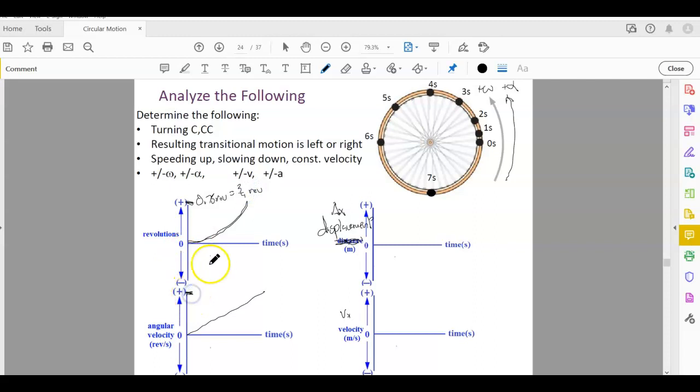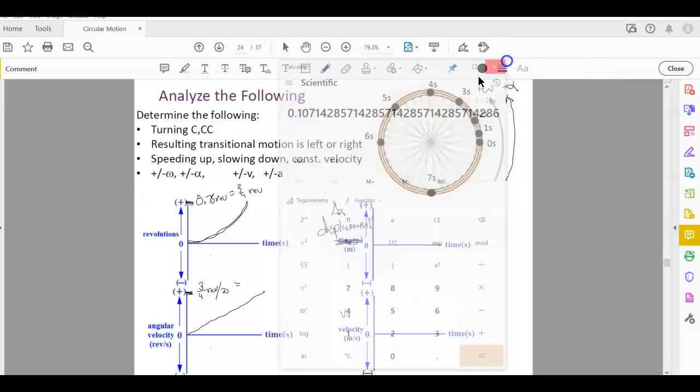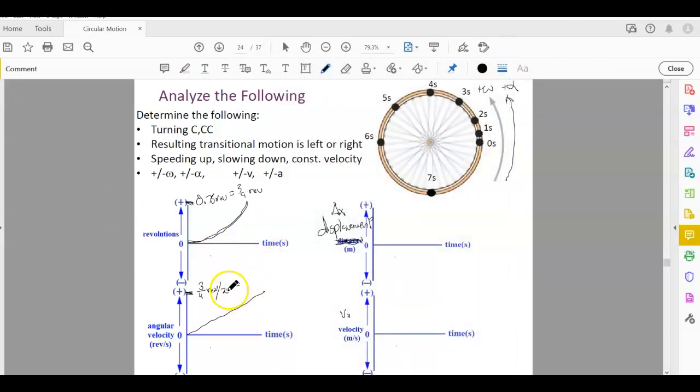This angular velocity gets to 3/4 of a revolution in 7 seconds. So that's 3/4 of a revolution divided by 7 seconds, which is 3/28. I'll just leave it in fractions. So this is 7 seconds, and this is 3/28 revolutions per second.